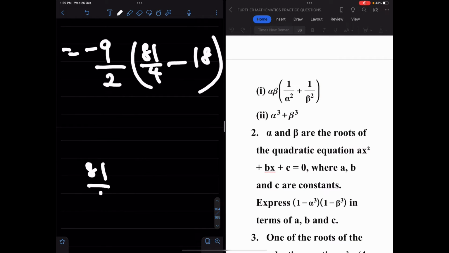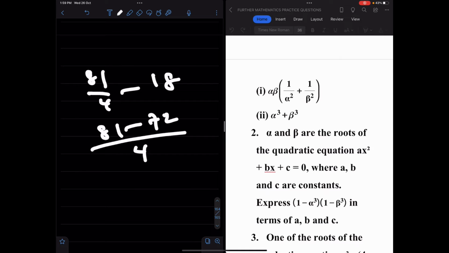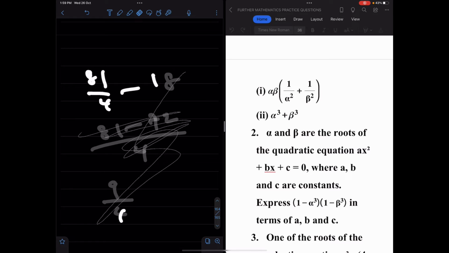What's 81 over 4 minus 18? The LCM is 4, and that's 81 minus 72. That's correct. Minus 72, which is going to be 9/4. Yeah, that's correct. 9/4.